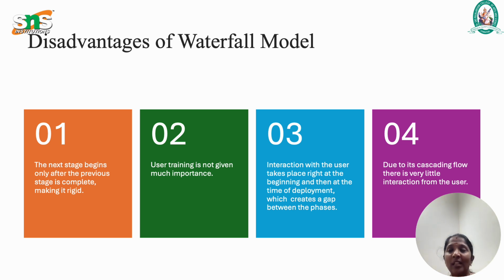Once the work has started, we can't make any changes in the middle. Because it is a cascading flow, you can't interact in between for any other changes. These are the drawbacks of the waterfall model. Thank you. In the next session we will discuss the spiral model.